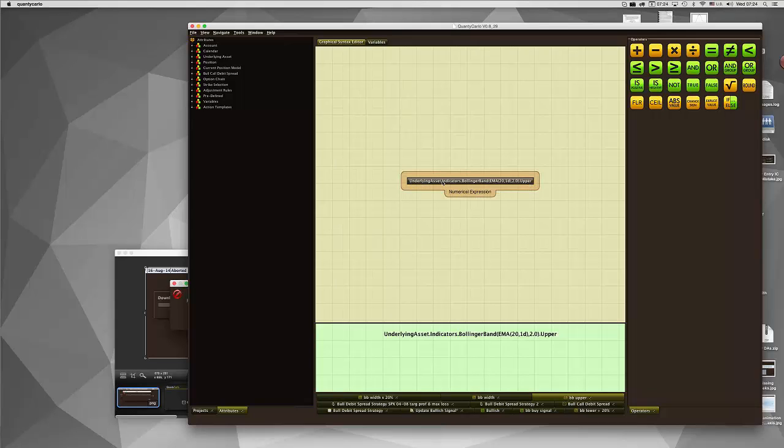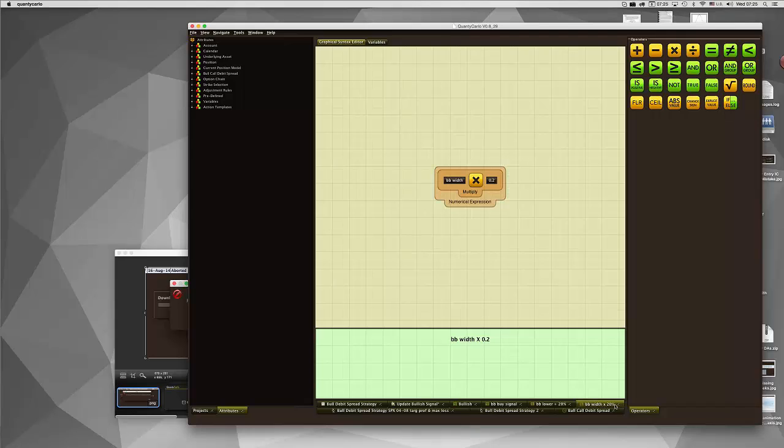It says underlying asset, indicators, Bollinger Band, EMA. So I'm using exponential moving average, 20, 1 day. Those are the parameters, and then plus 2 standard deviations in upper. So that's very, very long and hard to read for me. So what I do is I put it in a wrapper, I just put this into a numerical expression and I rename it as BB upper.